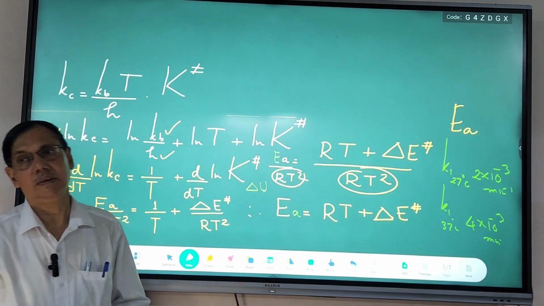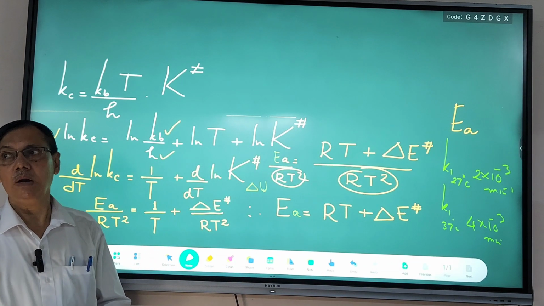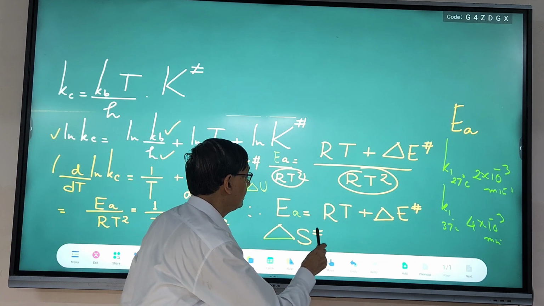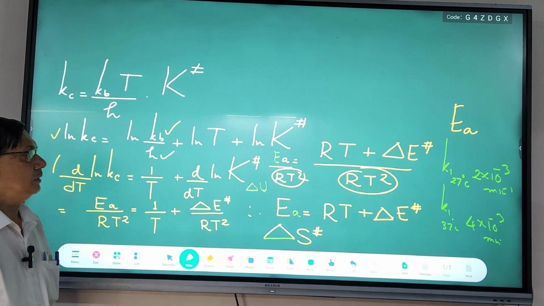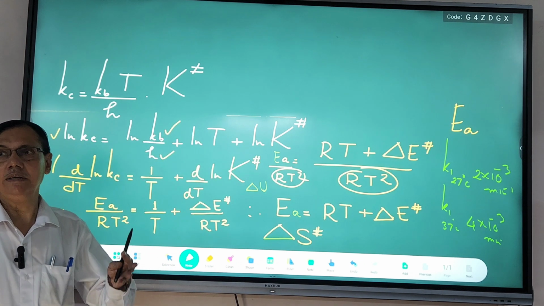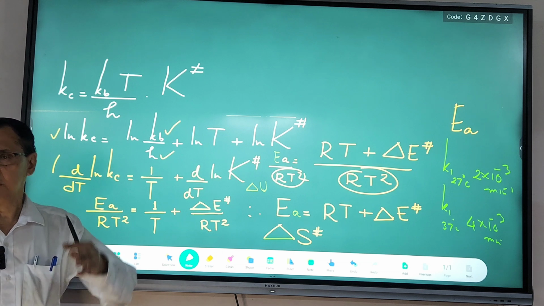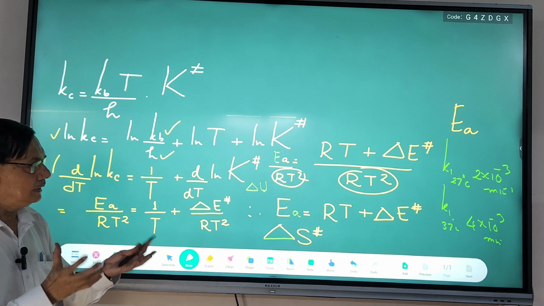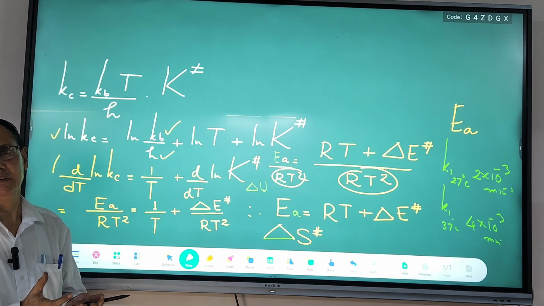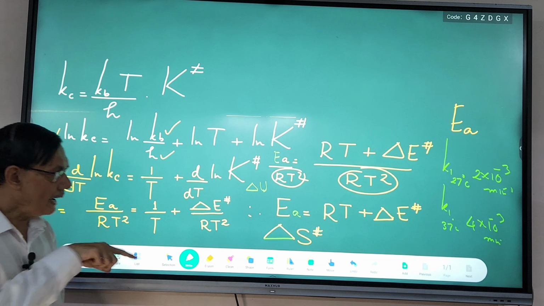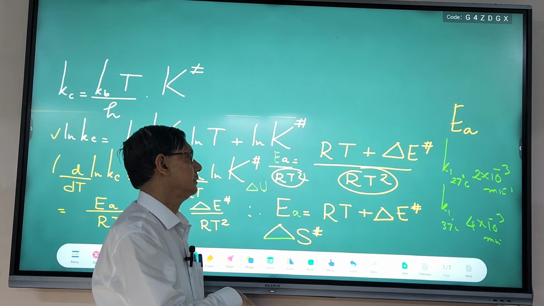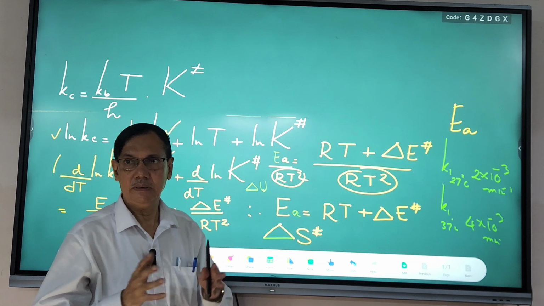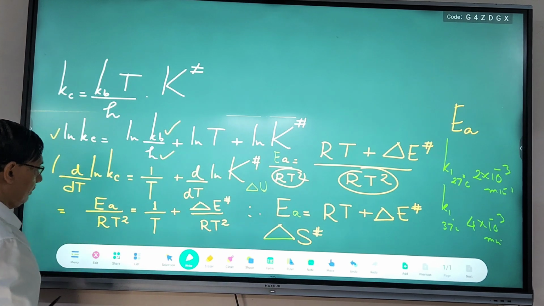But my question was how do you calculate the entropy of activation with the help of transition state theory or the Wynne-Jones and Eyring equation? Because if you see that equation, you will get delta H, the enthalpy of activation. So I have to remove that delta H from the equation for the calculation of delta S. Therefore I am doing all such exercises.